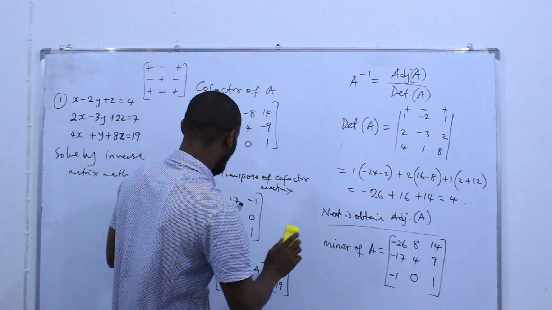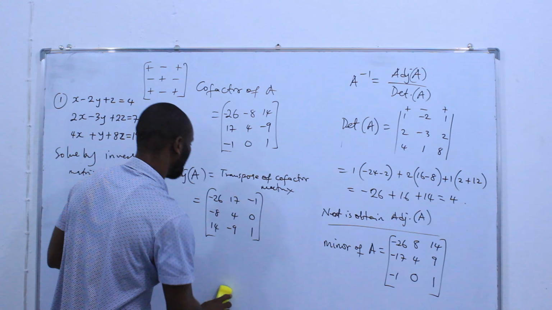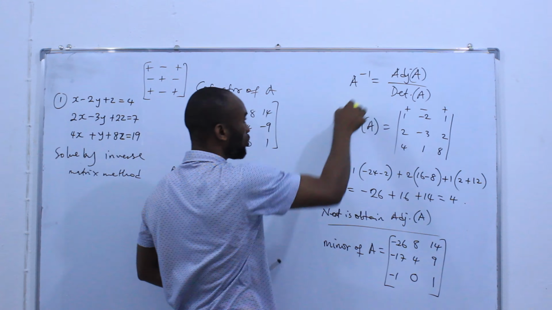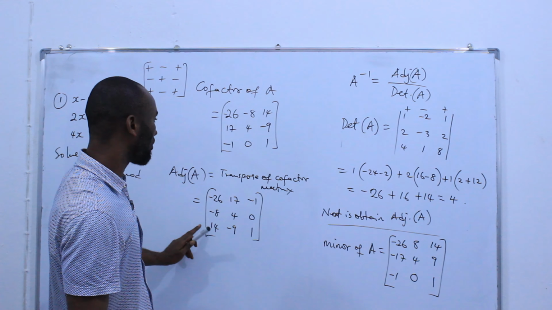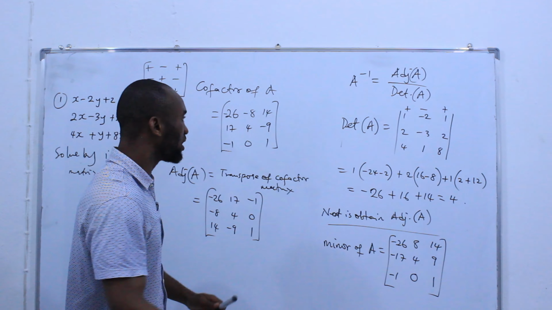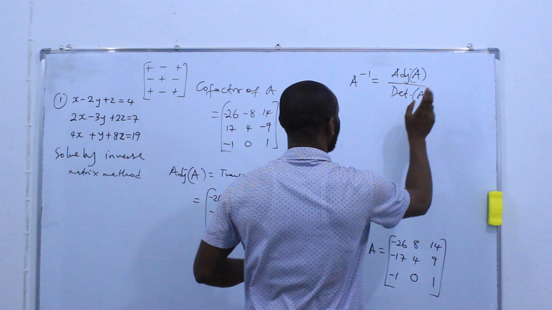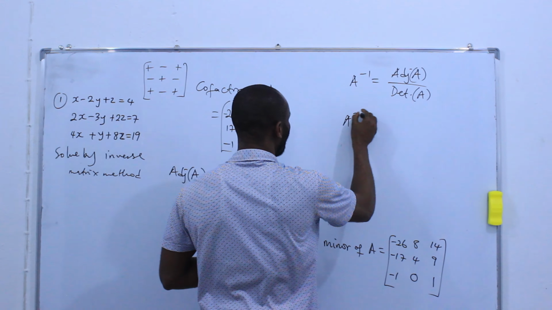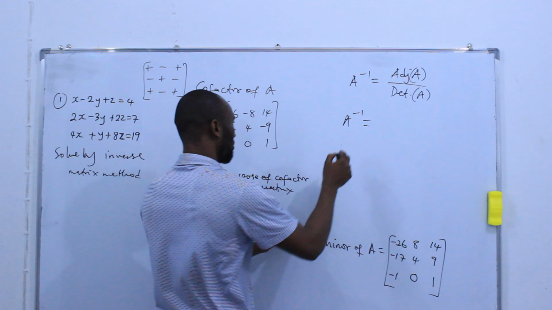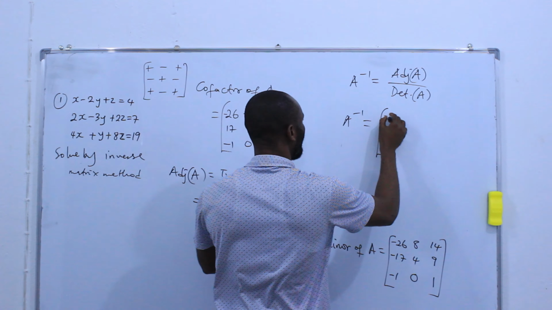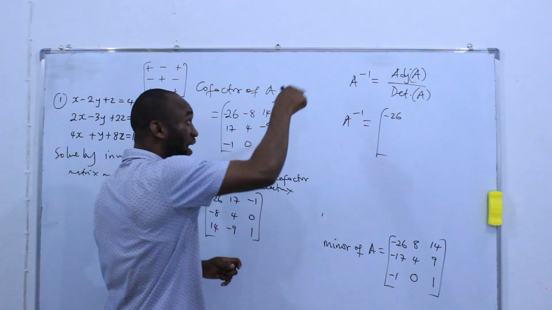Now, next is to put into this formula the adjoint of A and the determinant of A. So the inverse of A becomes the adjoint of A: minus 26 divided by the determinant.